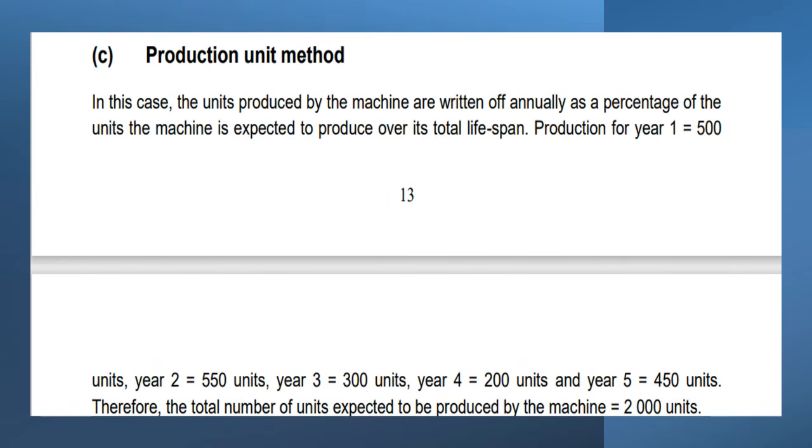So here they are telling you that production for year 1 was 500, for year 2 was 550, for year 3 was 300, for year 4 was 200, and for year 5 it was 450. Therefore, the total number of units expected to be produced by the machinery equals 2,000 units.